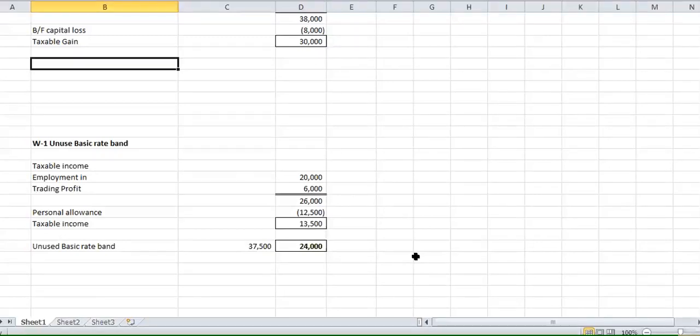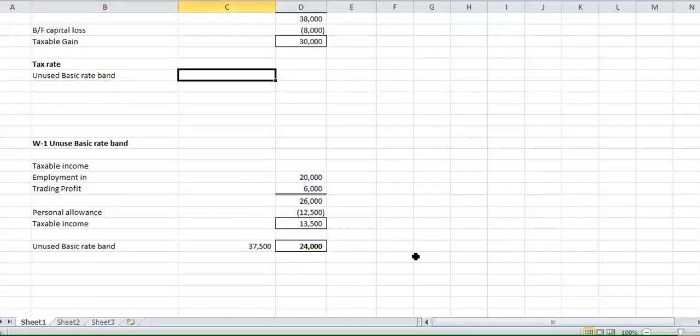So now, let's apply the tax rates of CGT. Students, unused basic rate band will be taxed at 10%.